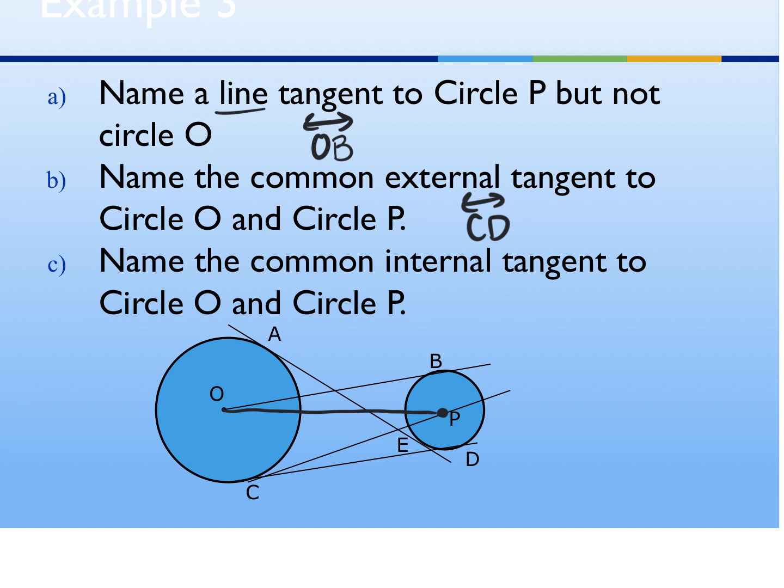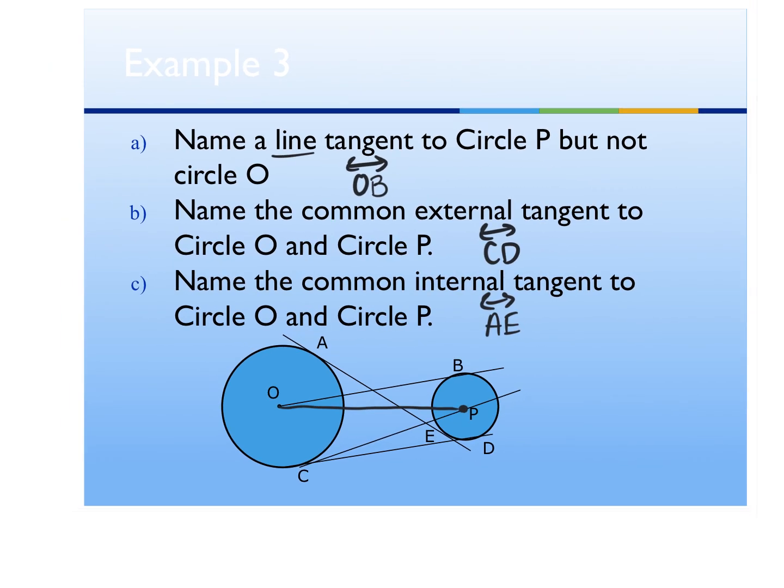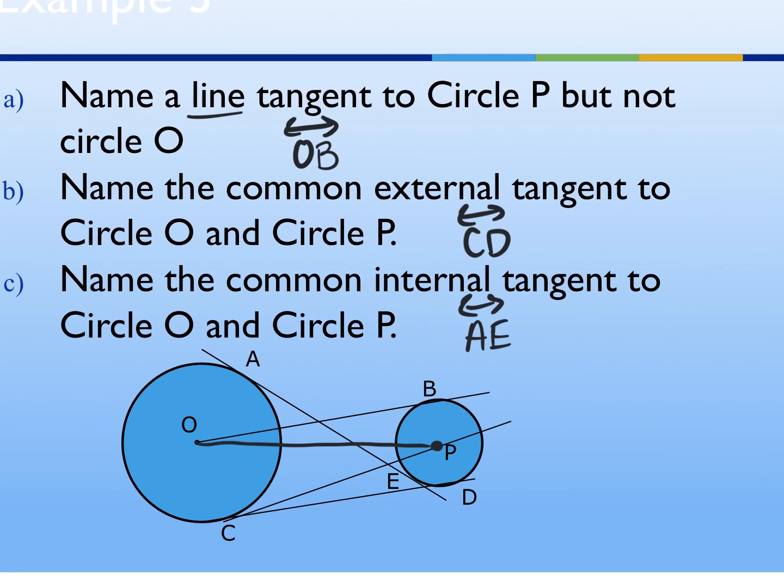No. And then name the common internal tangent to circle O and circle P. That would be AE. Very good. Make sure that it has arrowheads on both because we're talking about tangents. What questions do we have on example 3? Are we okay?